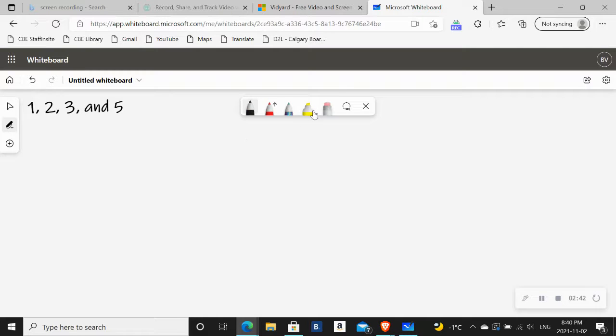Okay. So, well, let's draw it. It said a rectangle. And so, let us use this rectangle, shall we? A rectangle like that, it doesn't need to be good.